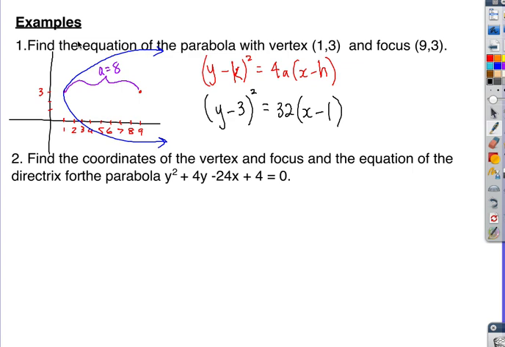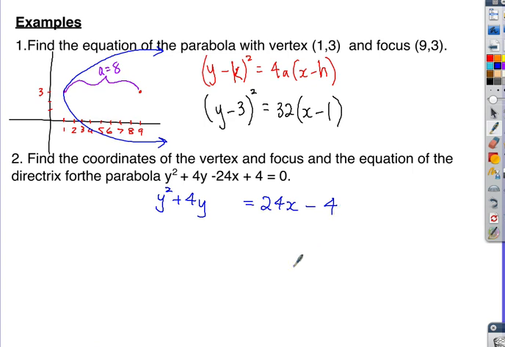Whatever the square term is, we've got y squared here. That means we'll keep the 4y there and move everything else to the other side of the equation. So we've got y squared plus 4y equals, move the 24x over, and move the 4 over.